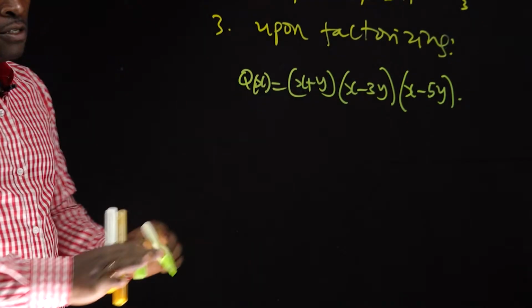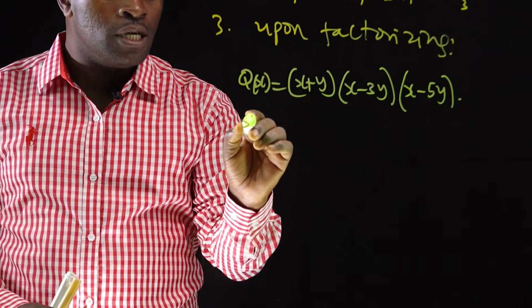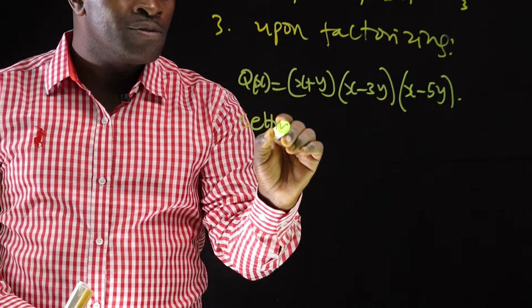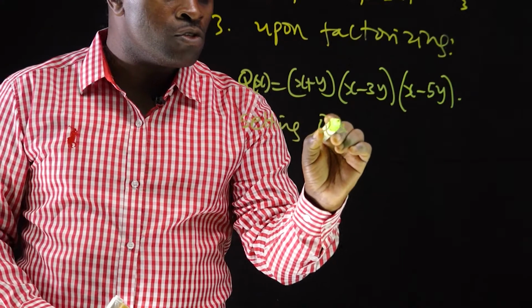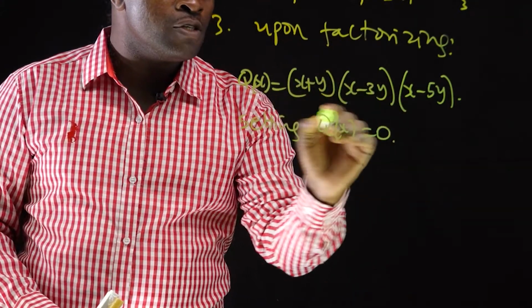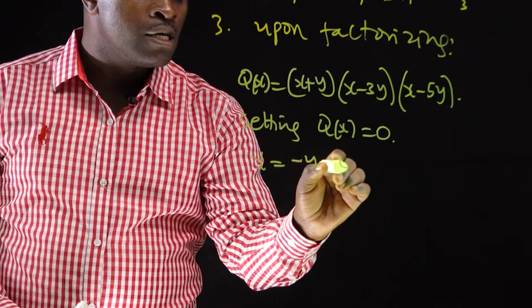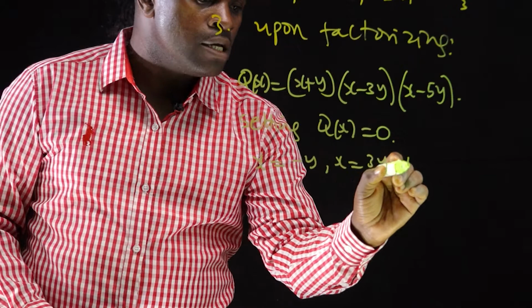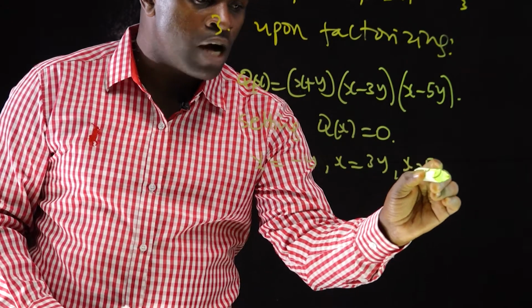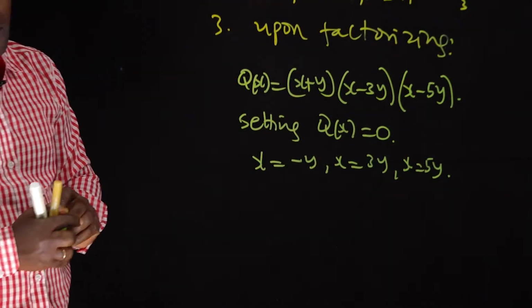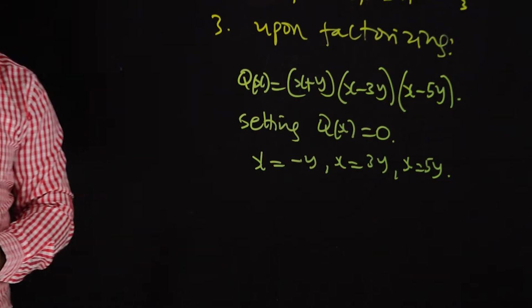So we want to find the zeros. Setting q of x equals to 0, we get x equals to negative y, x equals to positive 3y, and x equals to 5y. So this is how we could be finding zeros of the polynomial function.